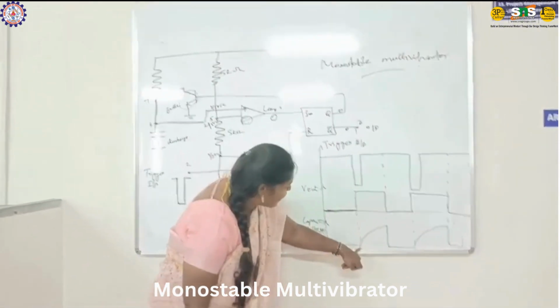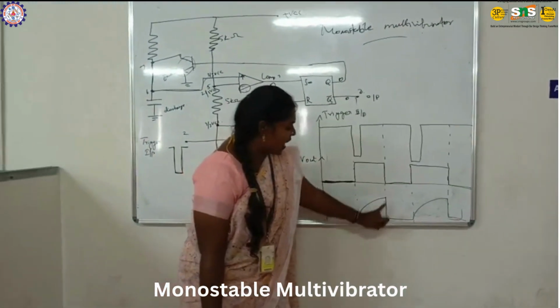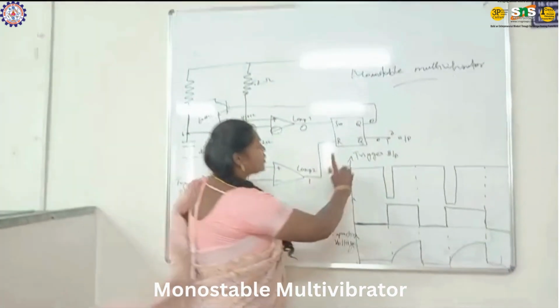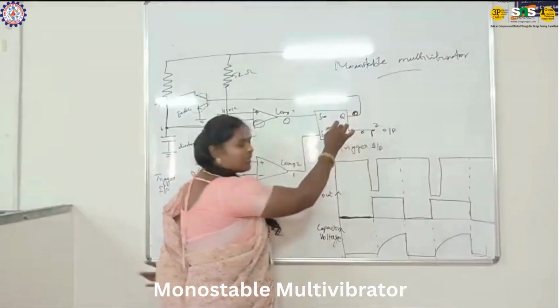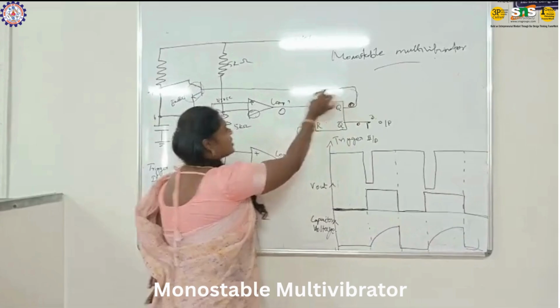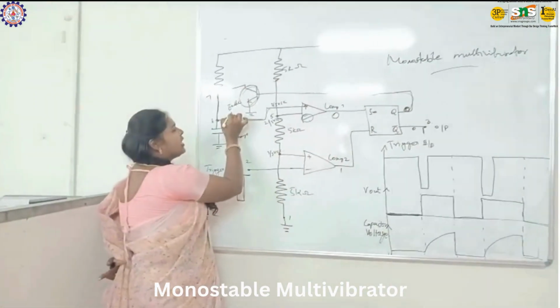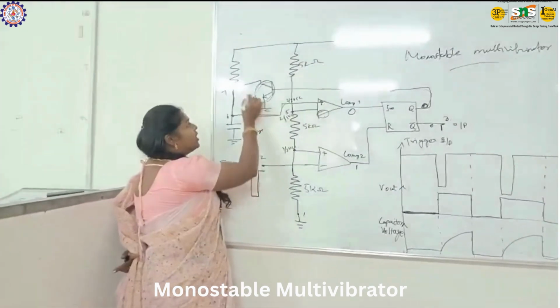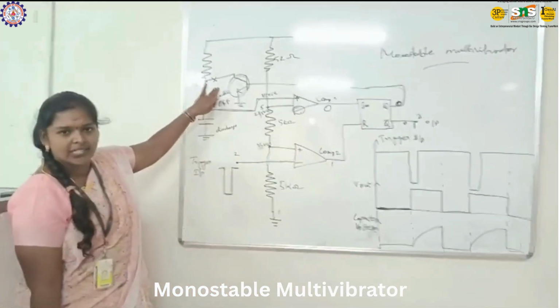So the capacitor will charge. Why? Now R equal to 1 means the Q value is 0 here, right? This value is given to the transistor and the transistor goes to the off condition. So there is no connection between the 7th pin and this transistor.